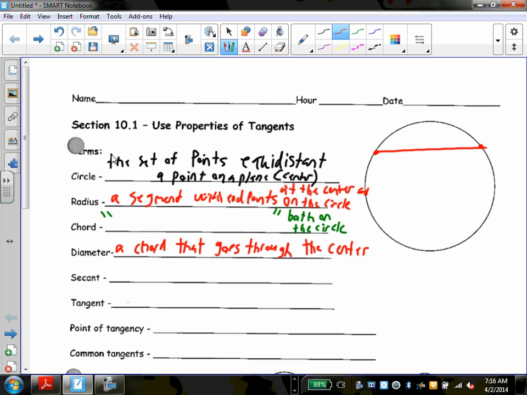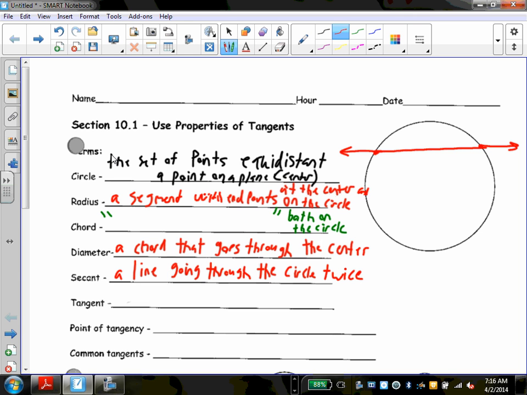The difference between a chord and a secant is that the secant will just keep going. It'll go outside of the circle. It's just a line that goes on forever. So a chord is almost like a secant segment. So a secant is a line going through the circle twice.